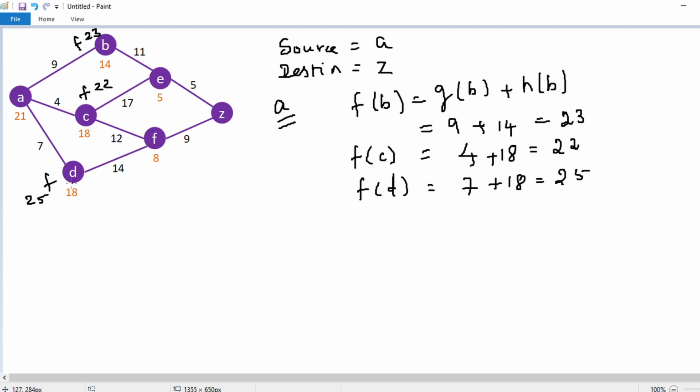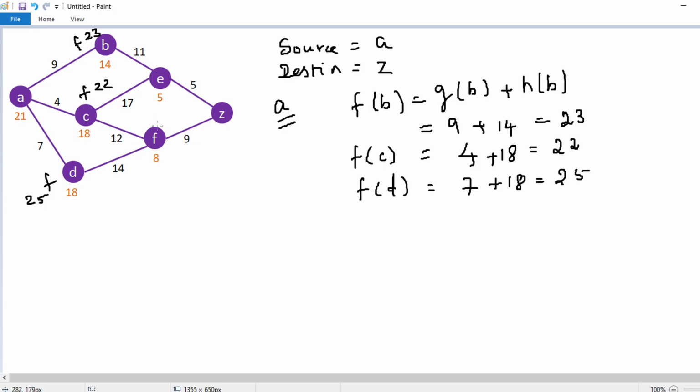If you take the path of D, it will be more than or equal to 25. So out of these three, I am going to take 22 because I am greedy. It says at least 22, but this says at least 23. So it doesn't mean that if I take the path of C, I will have the optimal path via this one. There is no guarantee for that.